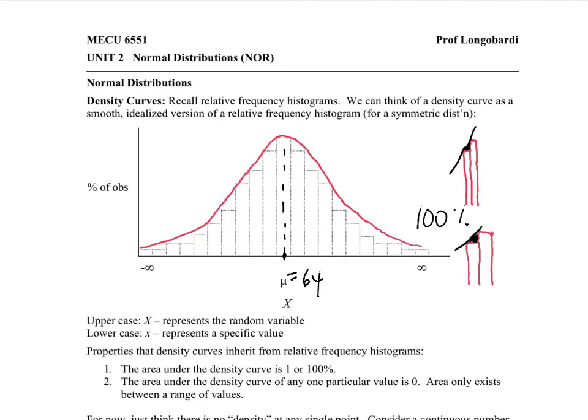Well, if we divide the density curve in half, then what is half of the density curve? What is the area under half of it? So we could write that actually as P, that the curve, under the curve, less than little x of 64 is equal. The P represents proportion of observations, so P for proportion.